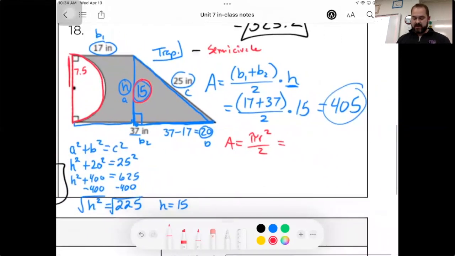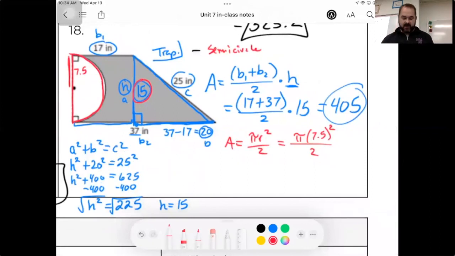So when I start to plug that in, that's pi times 7.5 squared all over 2. If I do 7.5 squared times pi and then divide by 2, I should get the area of the semicircle is 88, we'll call it 0.4.